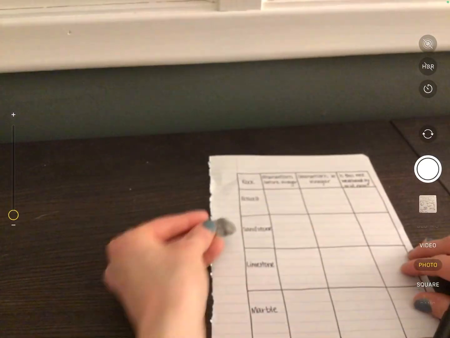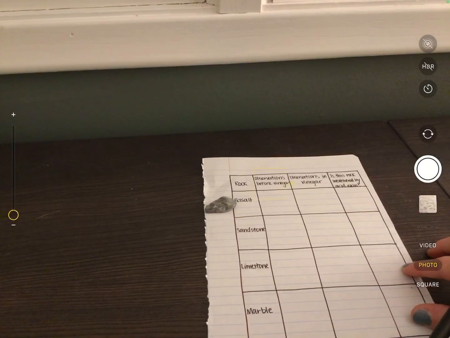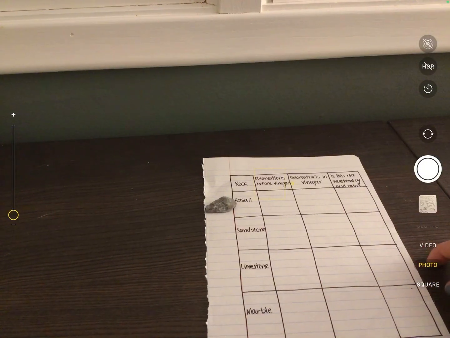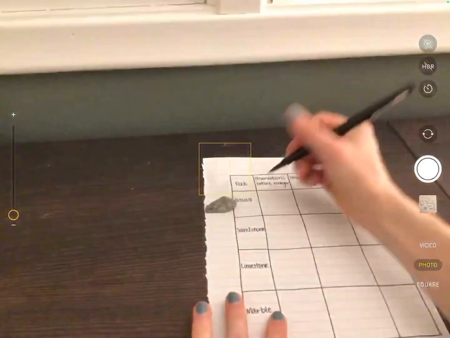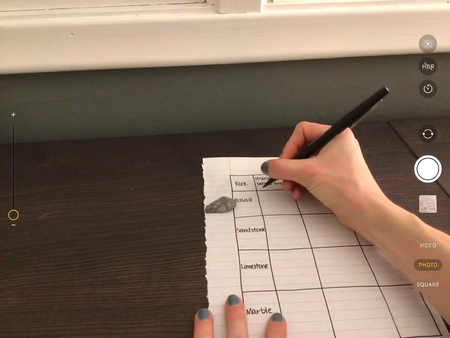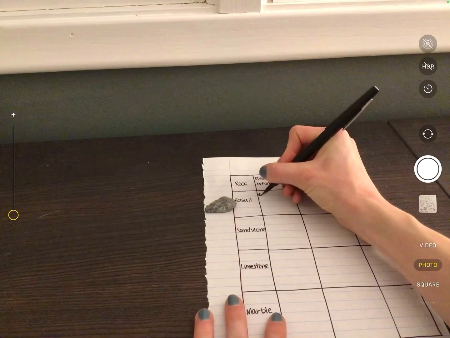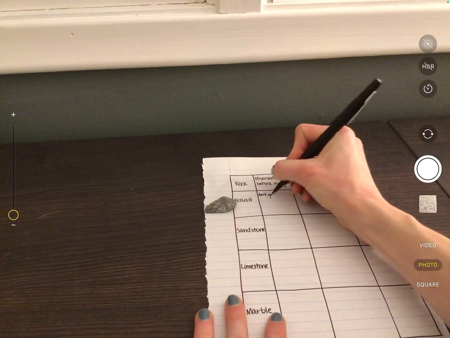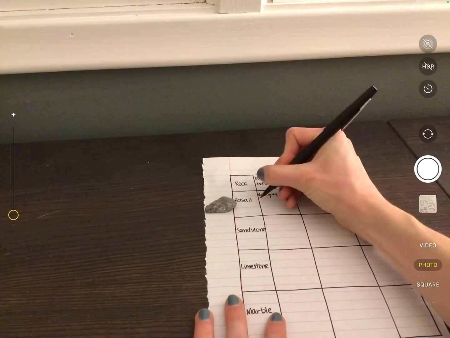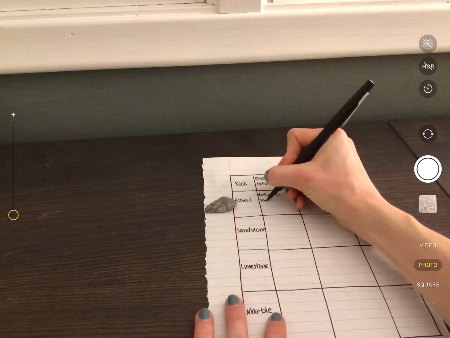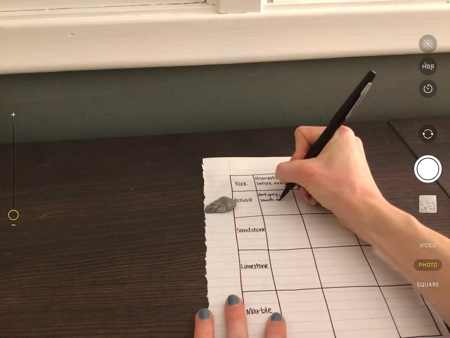Now we're going to fill in our first box on the table for basalt and what we notice for the observations that we have made before the vinegar, or before the acid rain. I notice that it is dark gray, smooth, and bumpy.